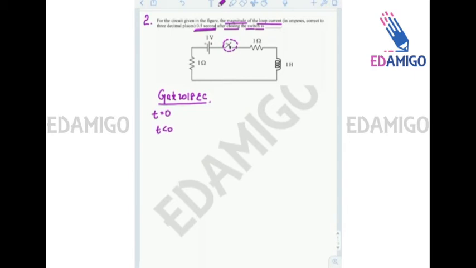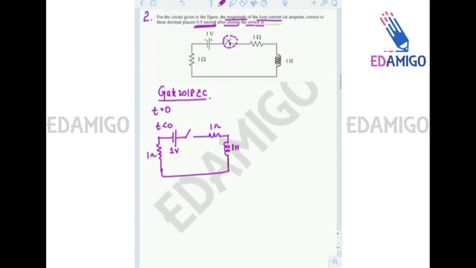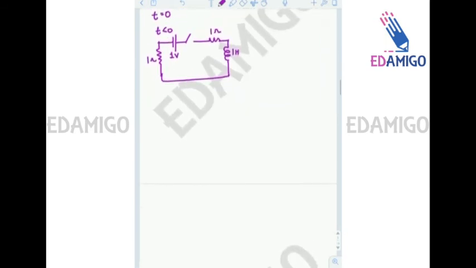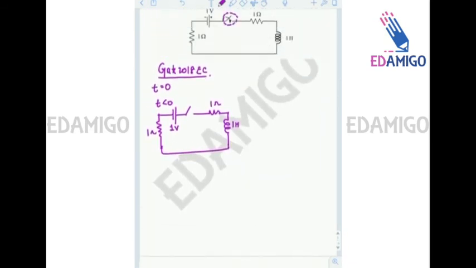So for t less than 0, the circuit will be drawn like this, as I am drawing it. In this circuit we can see that no current will flow. Current is 0. So this inductor is initially discharged, no charge on this inductor.